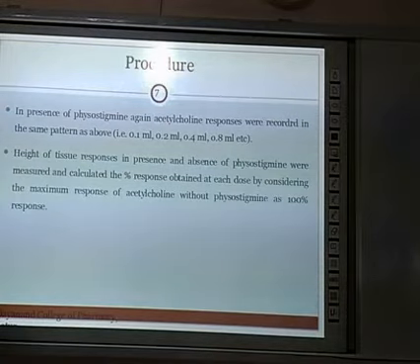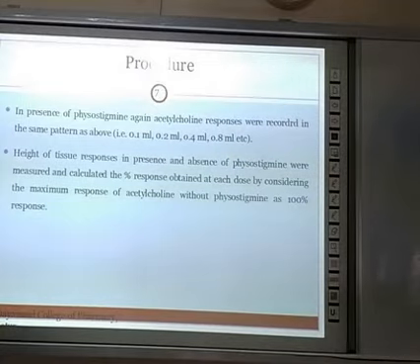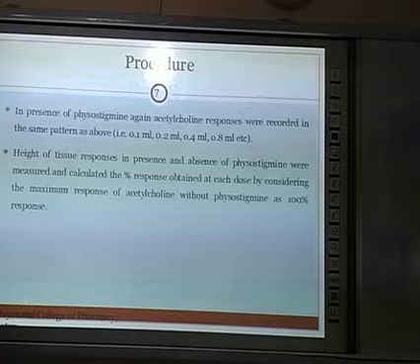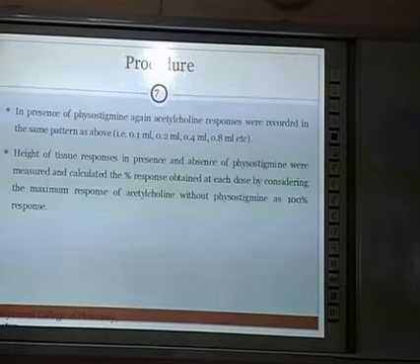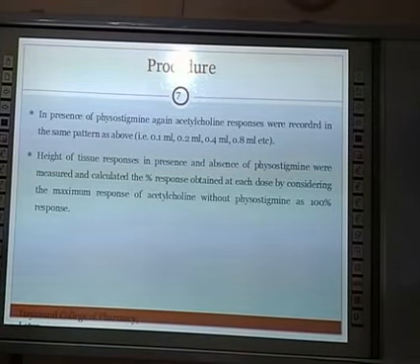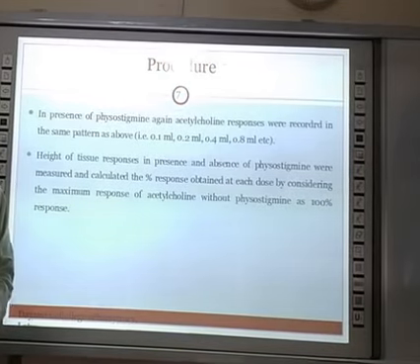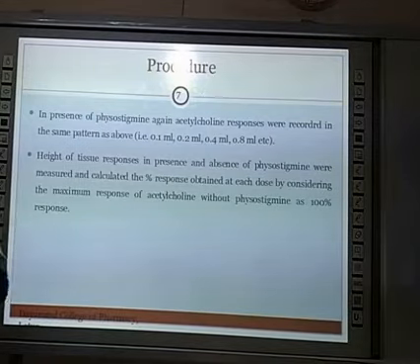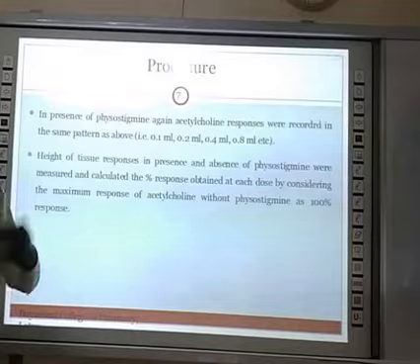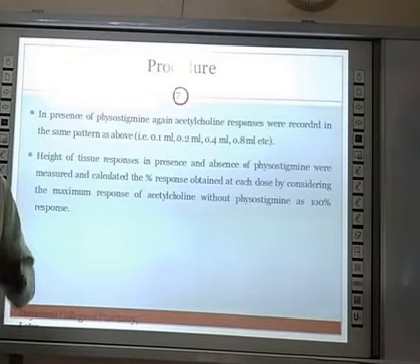Then the height of responses in the presence and absence of physostigmine were measured, and the percent response obtained at each dose was calculated by considering the maximum response of acetylcholine without physostigmine as 100%.